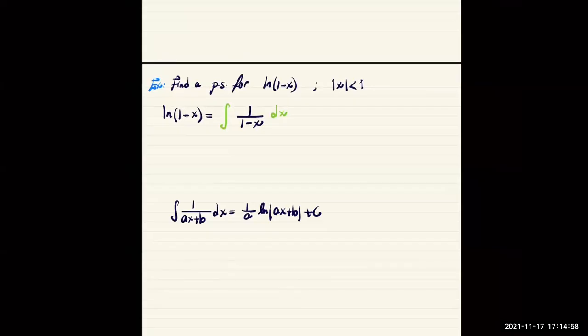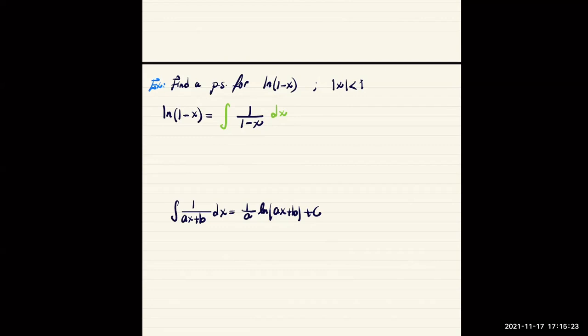But if you integrate that, the question is, do you get this? If I use this formula, the integral of that is going to be 1 over, here a is -1. A is the coefficient of x. So the integral of that would be the negative of the ln.